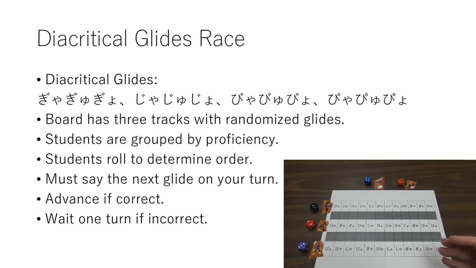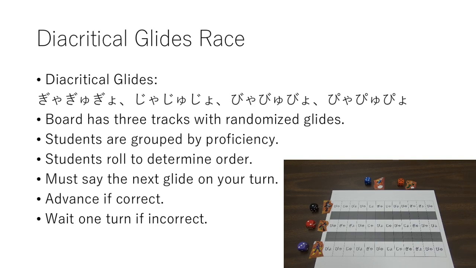One way we practice that is through this game, where I have this board here, and the board has 3 tracks of randomized glides. I'll zoom in here for a second. Now, what I like to do is group students by their proficiency level. In our class, some students come in already knowing hiragana. Most people come in right from 0. So there's a varying level of proficiency with hiragana.